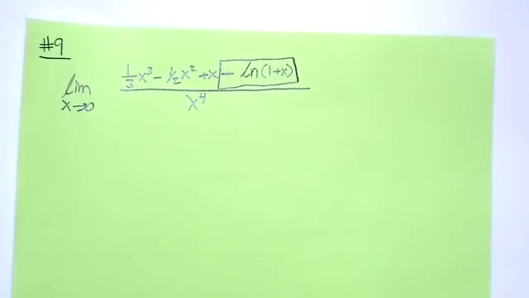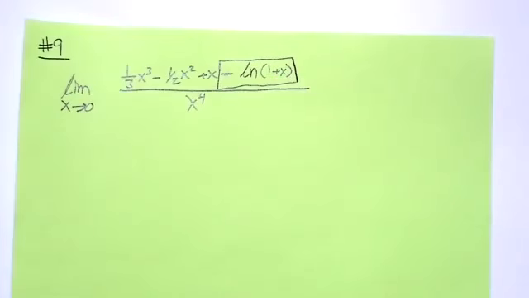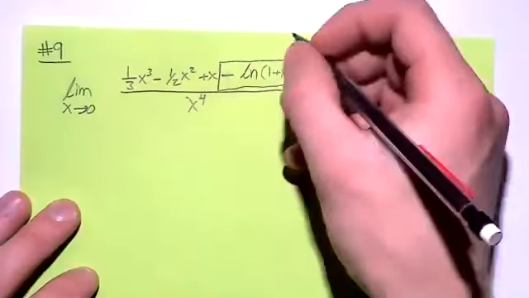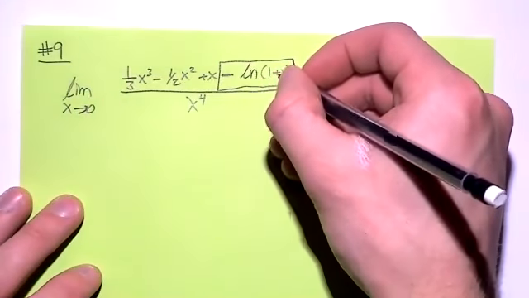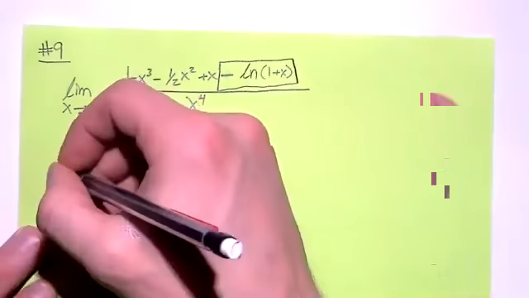So we're not going to mess with this 1/3 x cubed or anything else that we have going on. We're simply going to be messing with that minus natural log of 1 plus x. So let's rewrite this now, and I'm just going to expand this natural log of 1 plus x series, and then we can go from there.